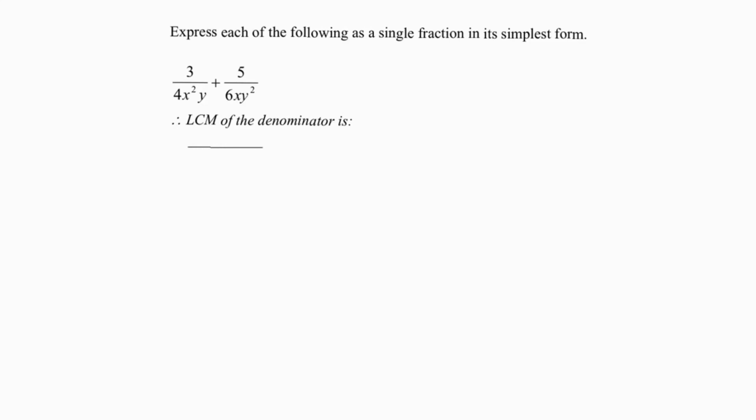Hello everyone, welcome to this math video where we will need to express as a single fraction in its simplest form for this addition of algebraic fraction. As I look at the denominator, I realize that 4 and 6, the LCM would be 12.